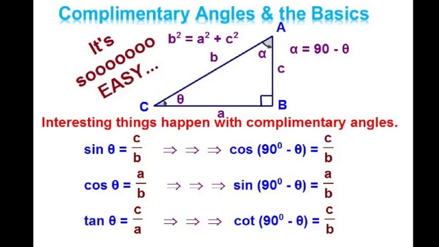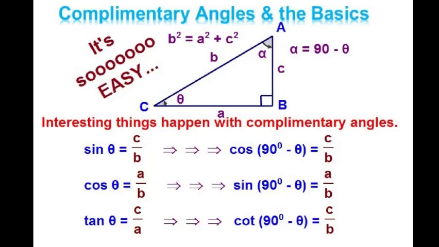But if you want to write cos alpha at the same time, that is also C on B, because for alpha, the adjacent side is C and the hypotenuse is B. So we can write cos of 90 minus theta as C on B. If you club them together, we can write cos of 90 minus theta as sine theta. See there, sine theta is C on B and cos of 90 minus theta is also C on B. Then we can consider that cos of 90 minus theta is sine theta.